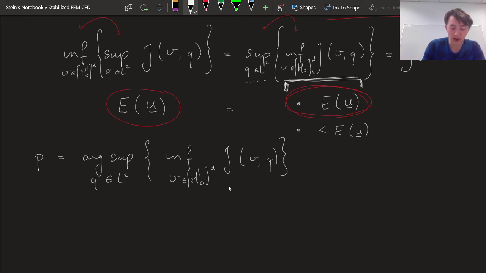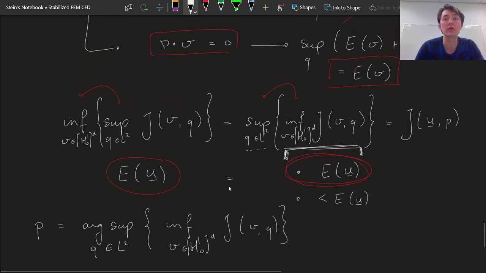So what I can do now, and again we have to work from the outside inwards with these inf-sup or sup-inf conditions, is substitute my known solution on the outside. The way that we read this is we loop over all possible functions v, or over all possible functions q, and get a certain expression.